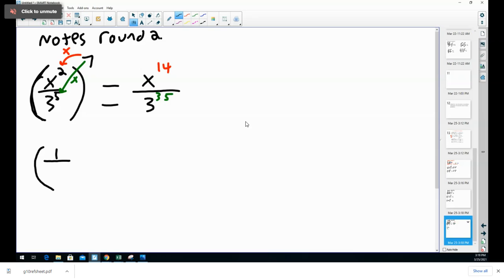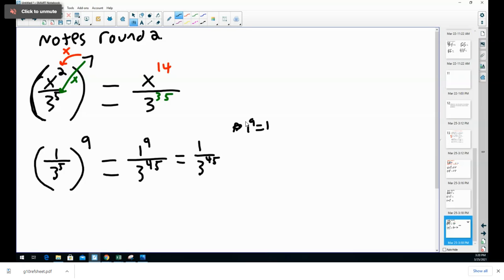All right, the next one, 1 over 3 to the 5th, all raised to the 9th. Okay, so this is going to be 1 to the 9th over 3 to the 45th. However, 1 to the 9th we can simplify because 1 to any power is, well, 1.